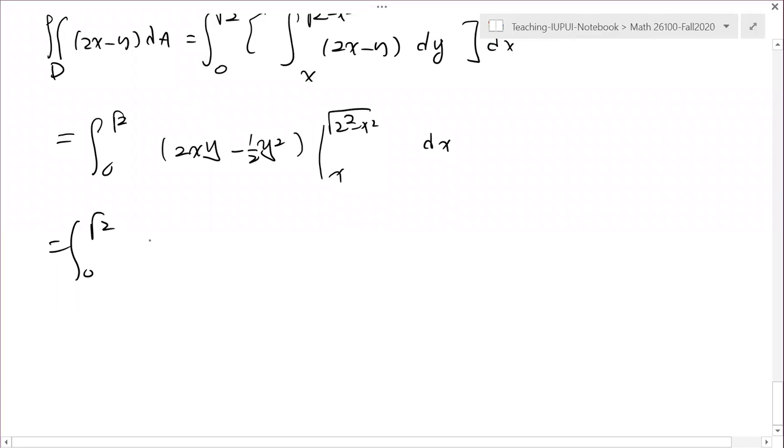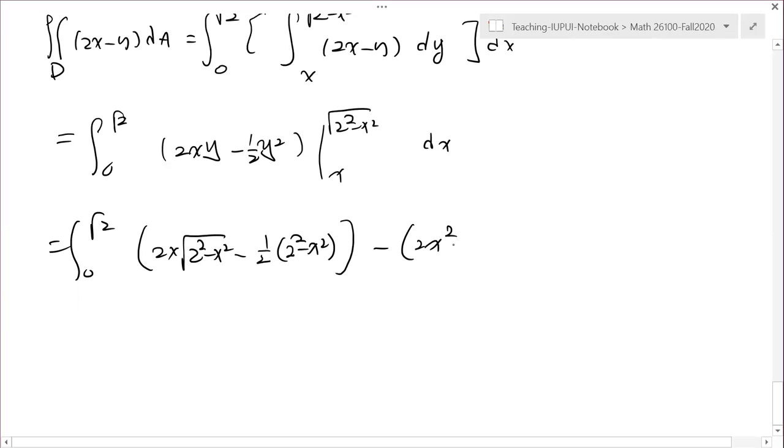Then you plug it in. Minus 1/2. When you square it, it's 2 squared minus x squared. That's the first part. Then you plug in x for y, so it's 2 squared. And I think this integral you can evaluate.